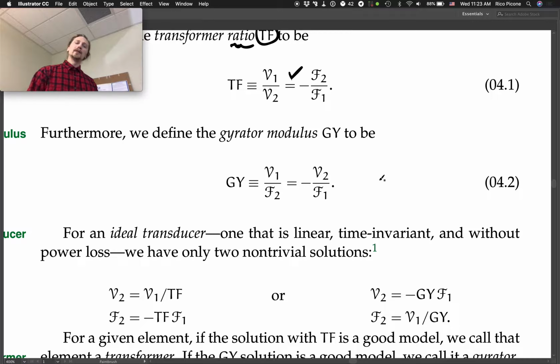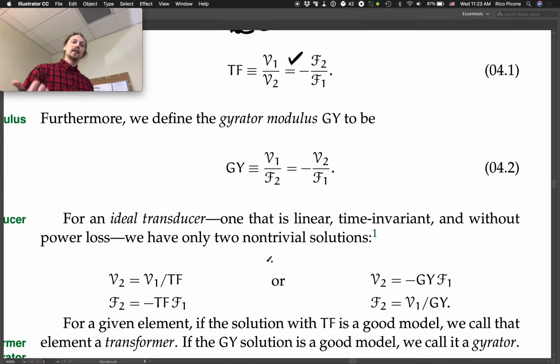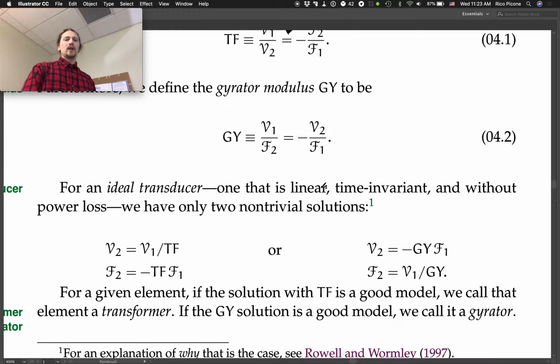For an ideal transducer, one that is linear, time invariant, and without power loss, which is already an assumption that we baked into these equations above, we have only two non-trivial solutions.